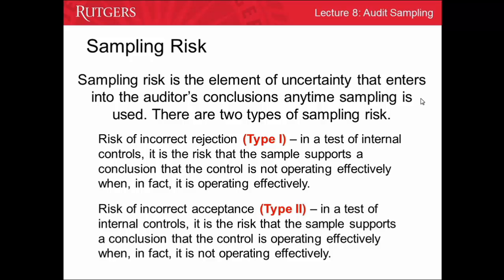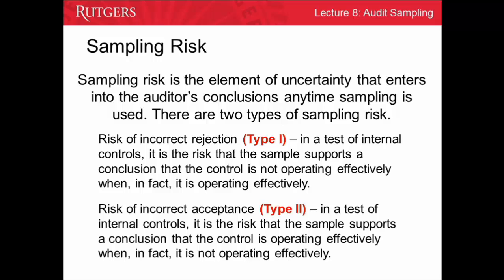And the type 2 risk we also refer to as the risk of incorrect acceptance. In testing a control, this is the risk that the sample supports a conclusion that the control is operating effectively, when in truth it is not operating effectively.